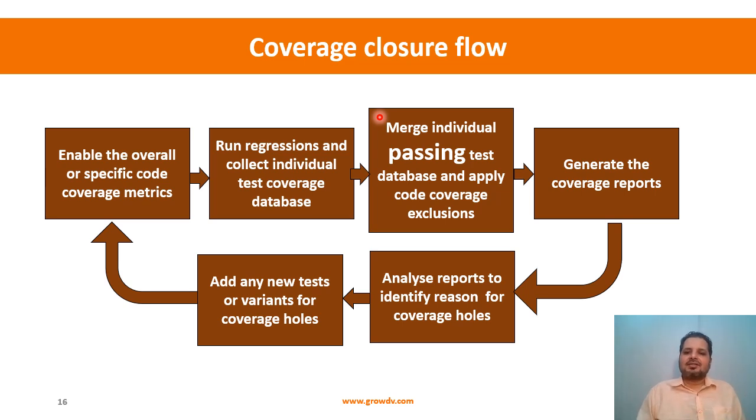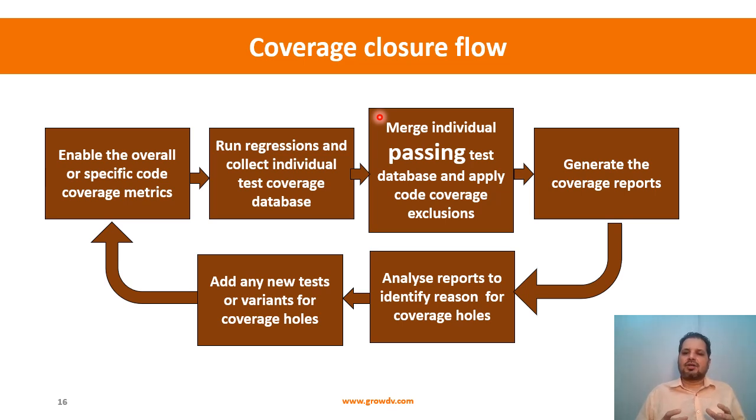All these mechanisms are typically handled by each company's own scripts. So you take all the passing coverage databases and merge them together, and along with that, as we discussed in the context of code coverage, there could be something that we want to exclude. We might want to exclude some DFT structures, or we have decided something is not critical, low priority, and we are not going to cover it. So we have created an exclusion file, which is simulator specific again.